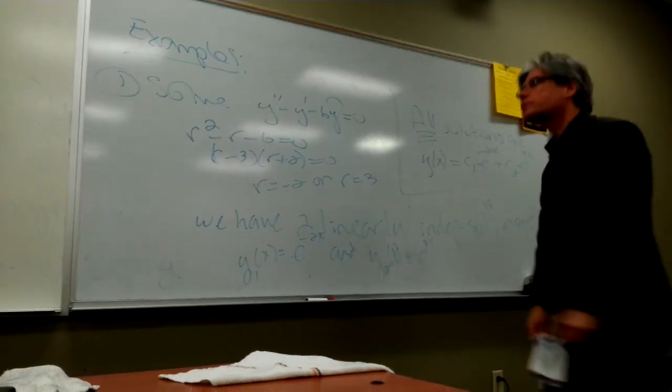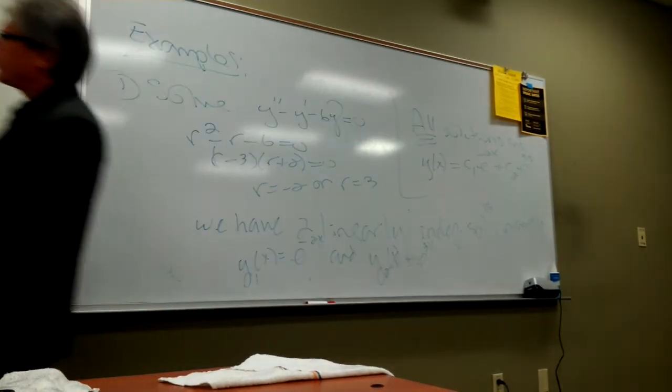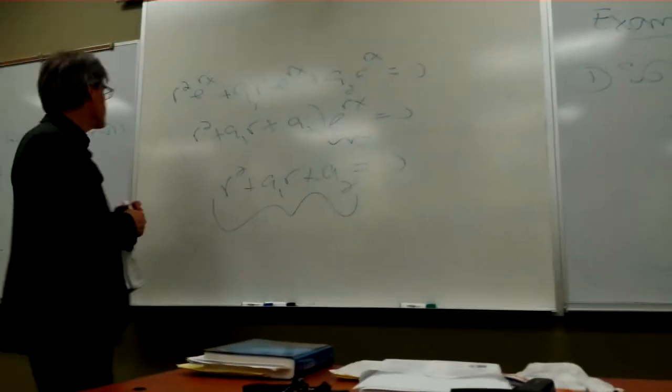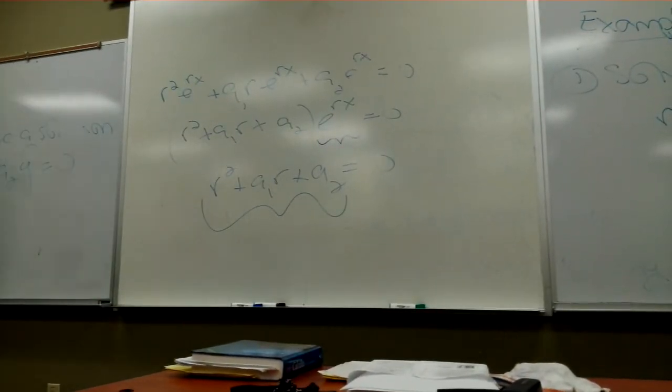Case 1. When it comes to this characteristic equation right here, if I have two unique solutions for R, then I know what my solutions to the DE are going to be. Actually, let me formalize this.